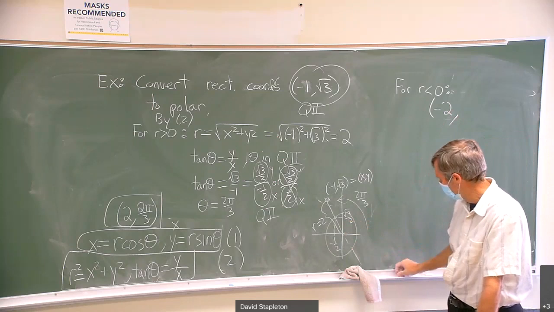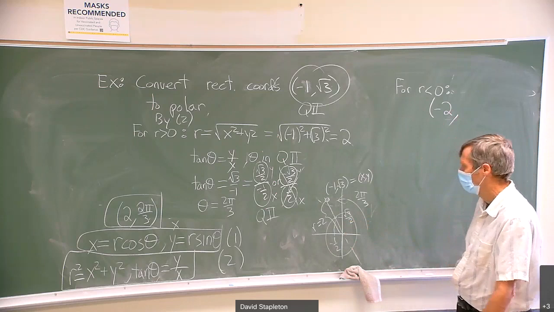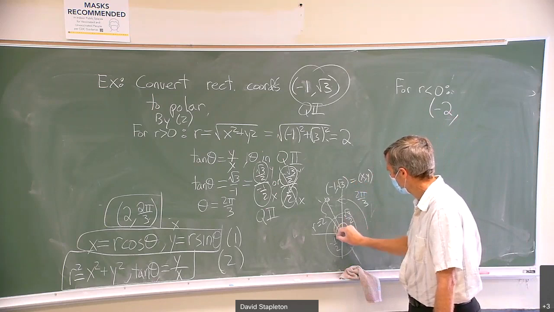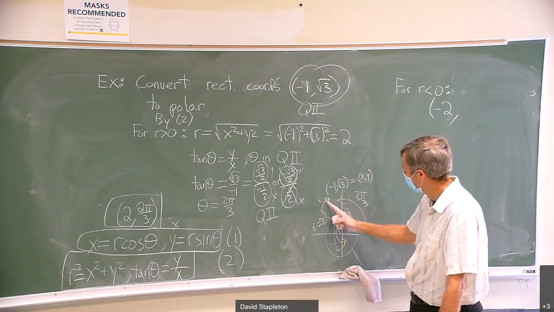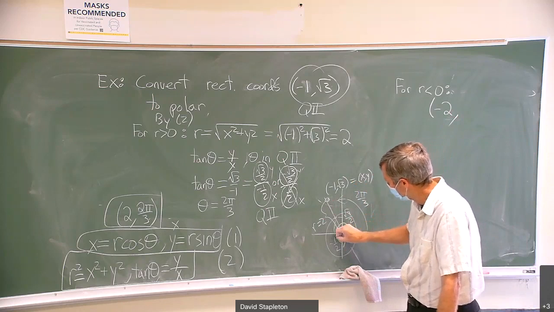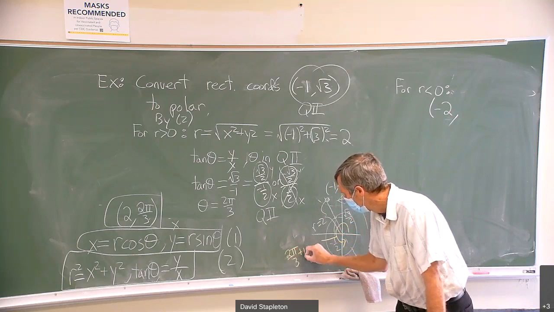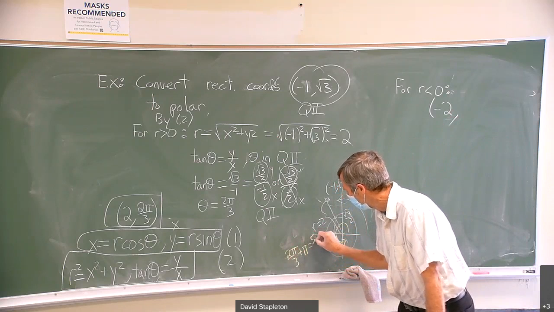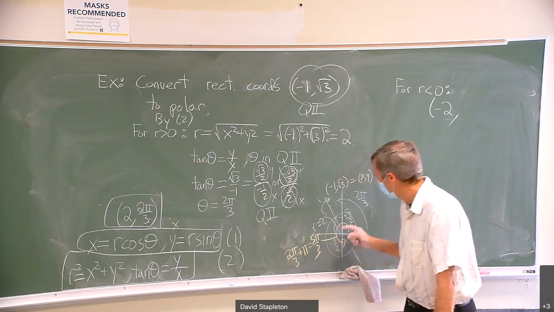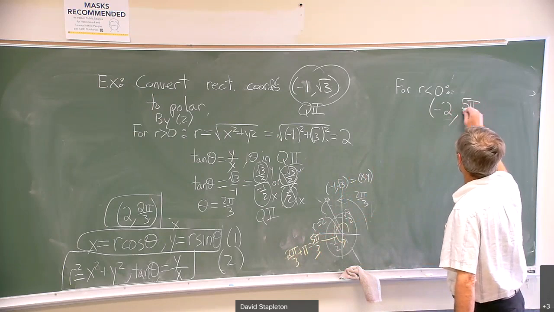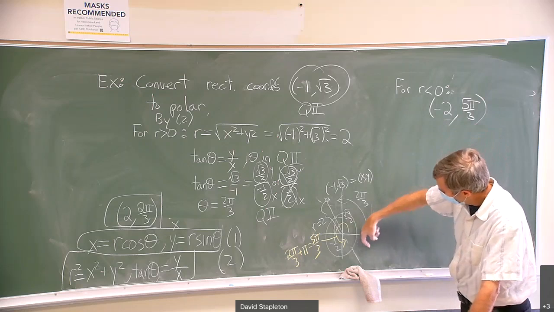So what direction is that? Well, I can just add pi to the angle. 2 pi over 3 plus pi takes you to the opposite side. That's 5 pi over 3. So if I use r negative, I have to choose the opposite direction, 5 pi over 3. Or if you prefer, you could choose minus pi over 3.